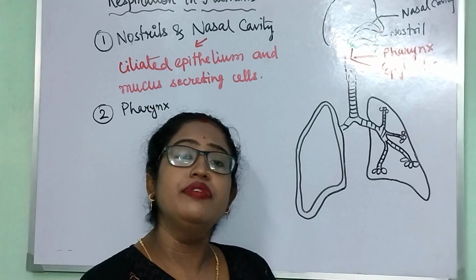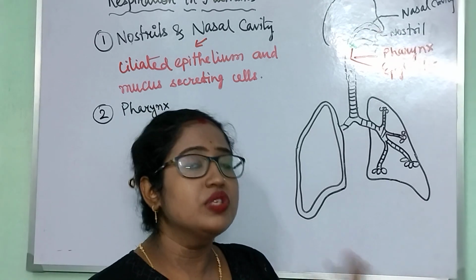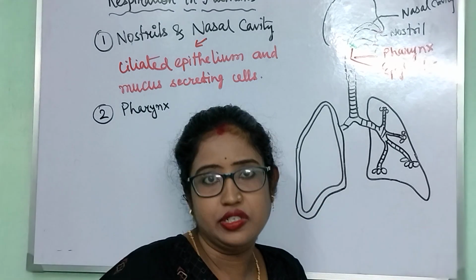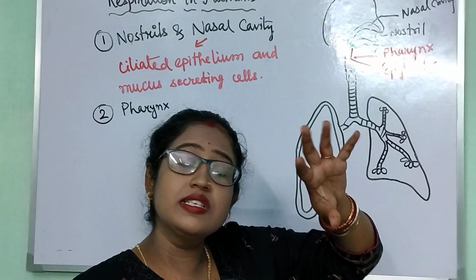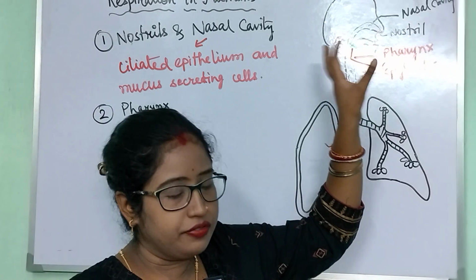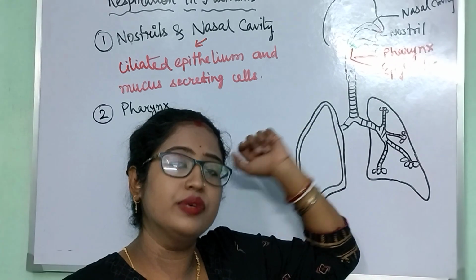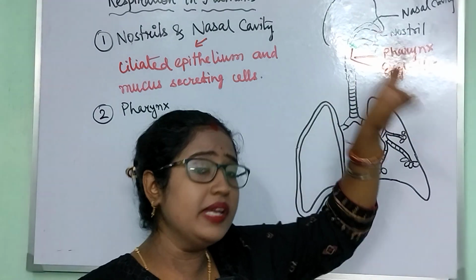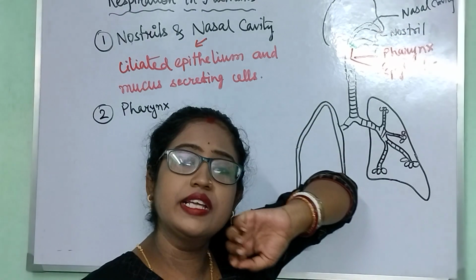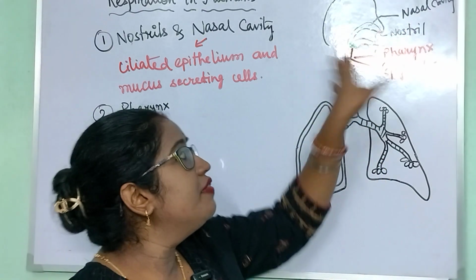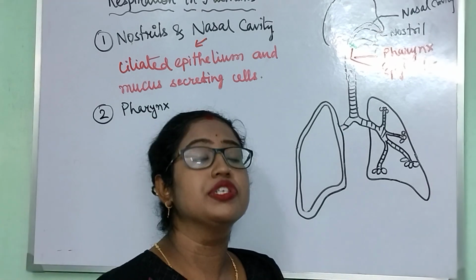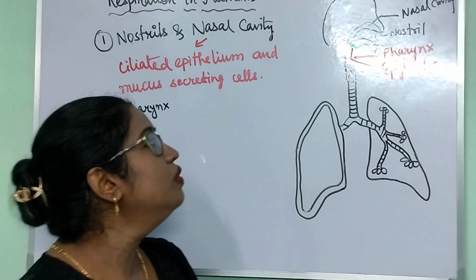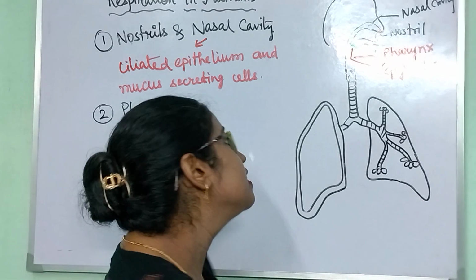So in normal condition, when we are not eating or drinking anything, the air passing through the pharynx gets moistened, and the microbes present in the air are also captured by the lining cells of the pharynx. The major portion of microbes and dust particles is captured in the nasal cavity, but the remaining parts are captured in the pharynx, and the air is moistened to enter the next part of the respiratory tract.